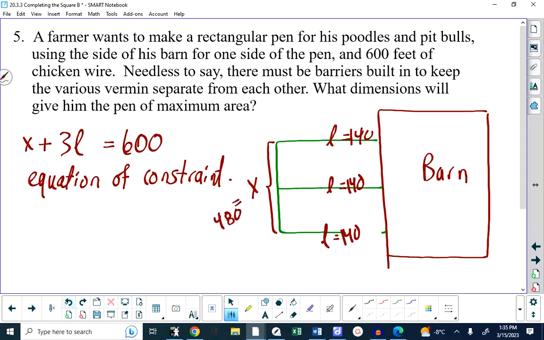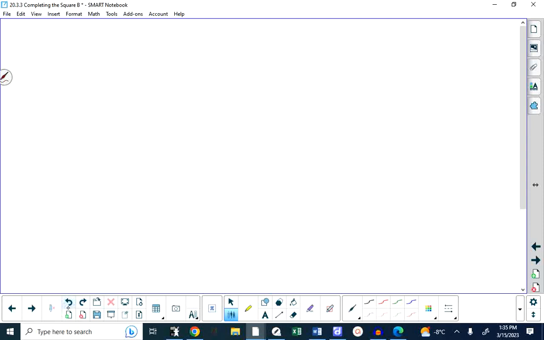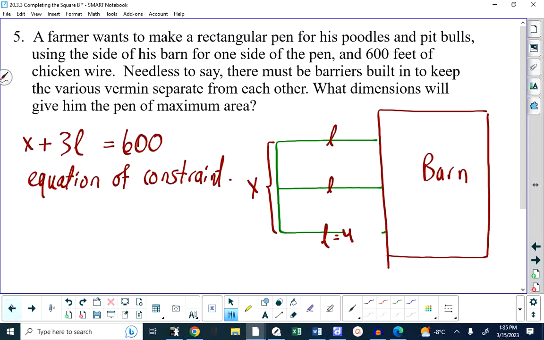We develop a formula for the thing we're trying to maximize. Which is area equals length times width. What's the problem with this equation?